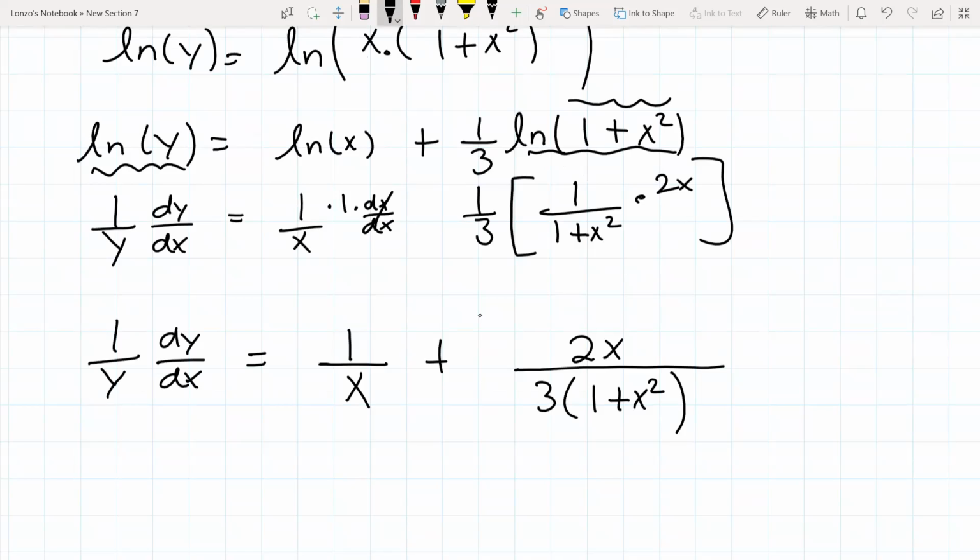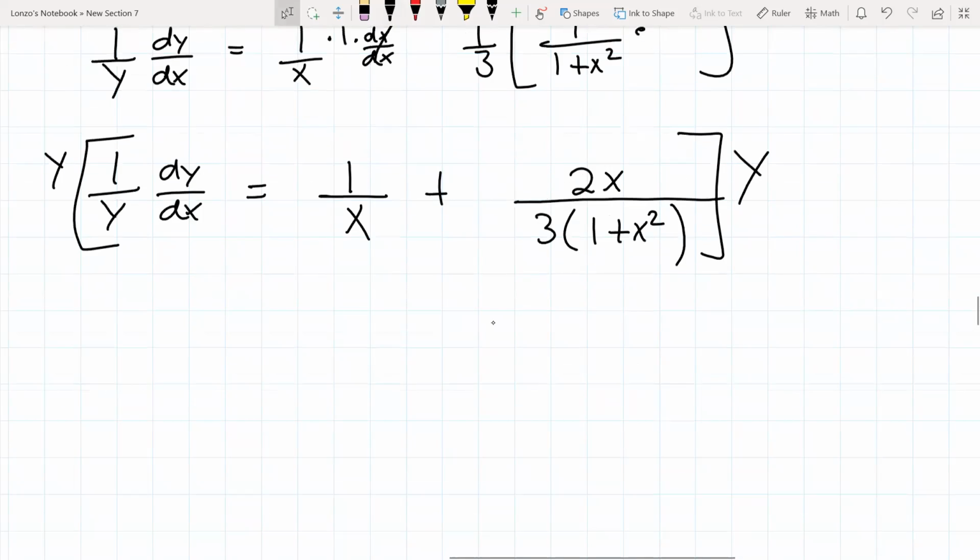Then what you do is try to get dy dx by itself by getting rid of this y. To do that, you're going to multiply both sides by y. So on the left side, it's just going to be dy over dx equals y times this whole thing.